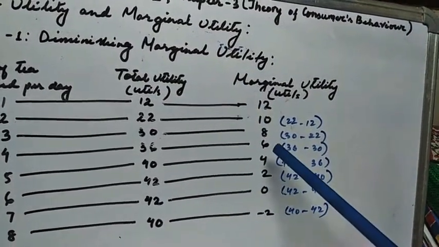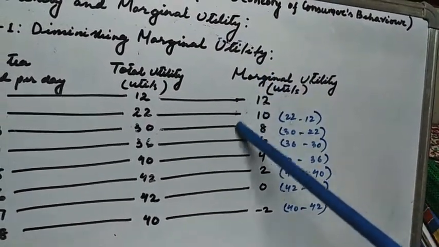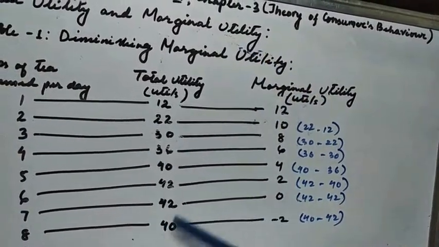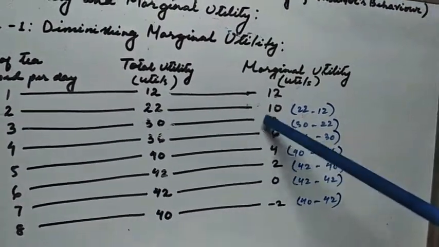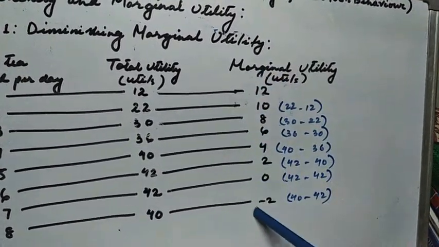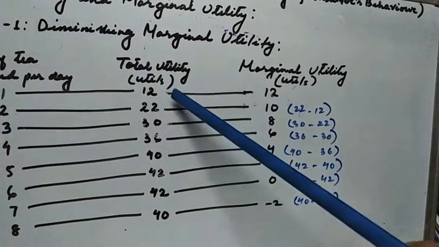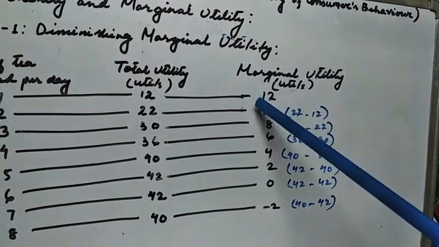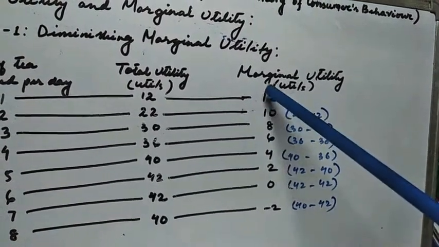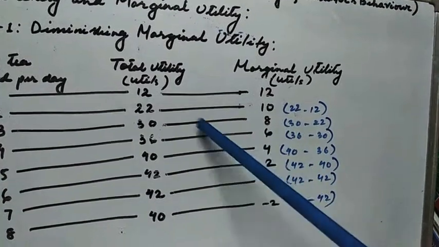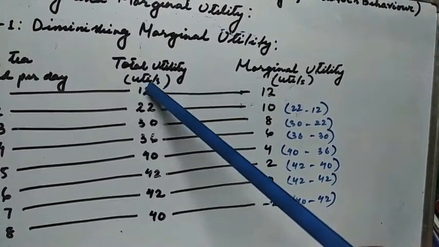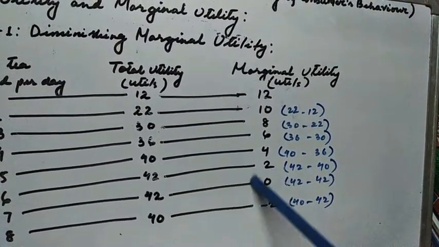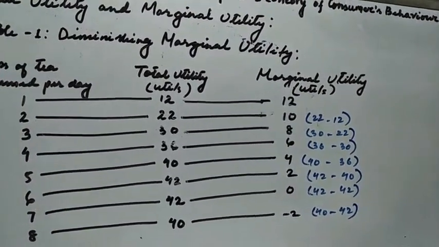So we have seen that the marginal utility, or the utility that you derive when you are consuming an additional cup of tea, keeps on decreasing, or your total utility increases at a decreasing rate. So it is increasing, but at a decreasing rate: 12, 10, 8, 6. Your total utility increases from 12, 22, 30, 36, but at a decreasing rate. That is why it is called the law of diminishing marginal utility.